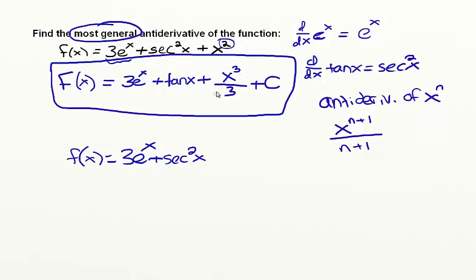For the derivative of x cubed over 3, we multiply the 3 out in front, and we knock the power down by 1, so that's 2, and this becomes x squared. The derivative of the constant is 0. And that's what we had up at the top, 3e to the x plus secant squared x plus x squared. So we found the correct antiderivative.